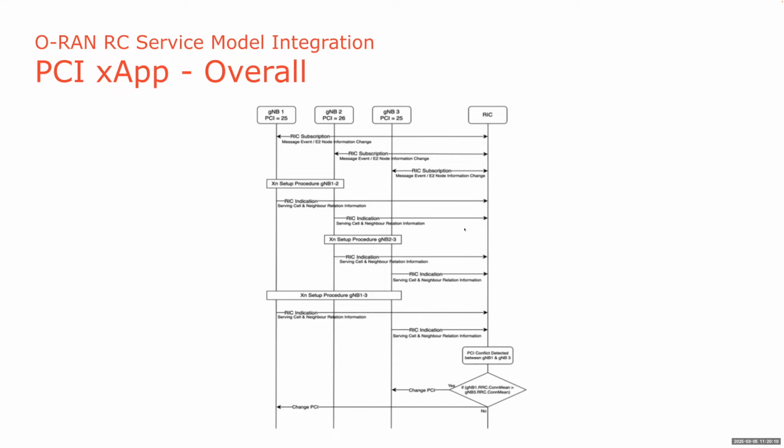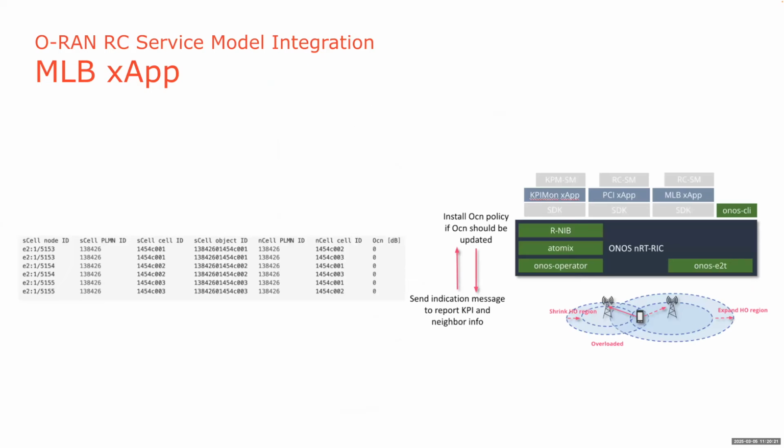And this RIC subscription, the indication message and the control message, all of those things are working with the official RC service model. And the next one is the MLB-X application, the mobility load balancing application.